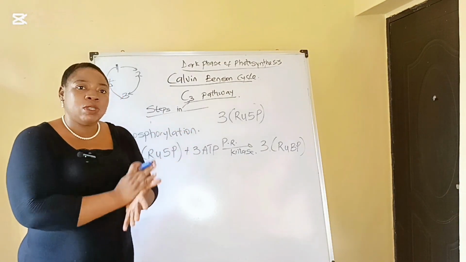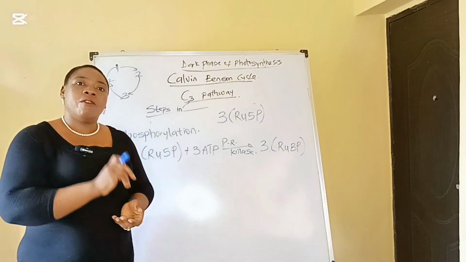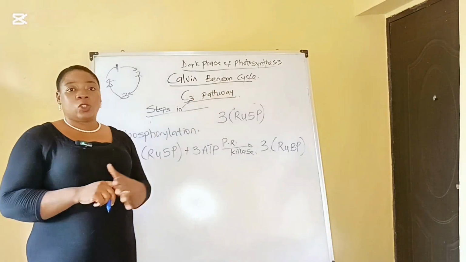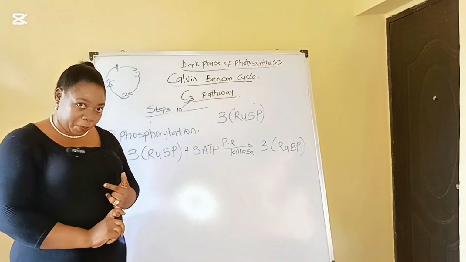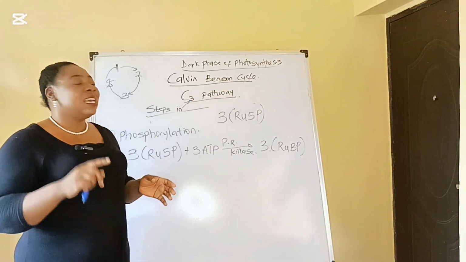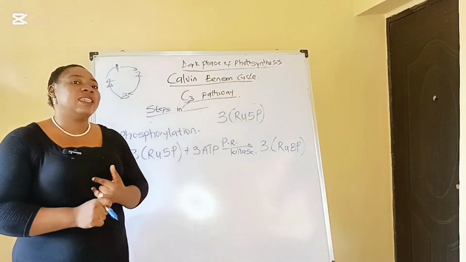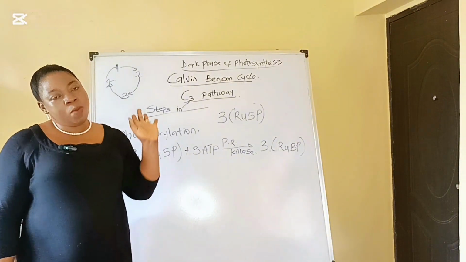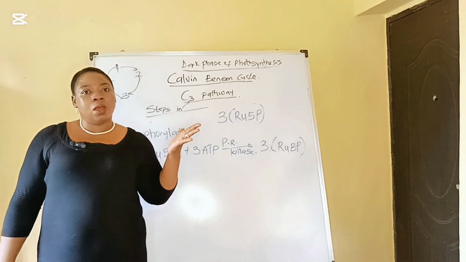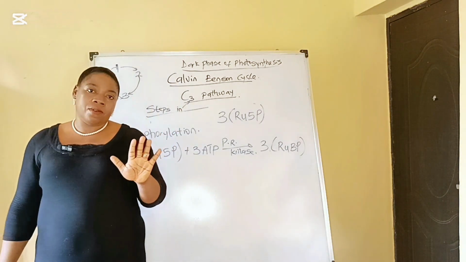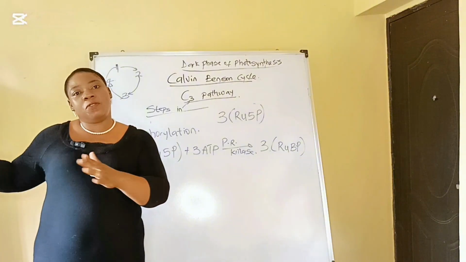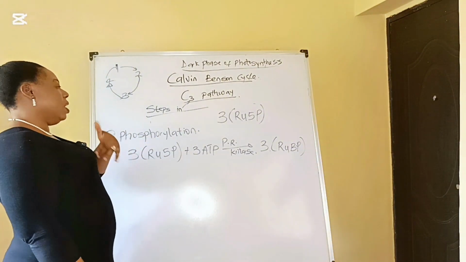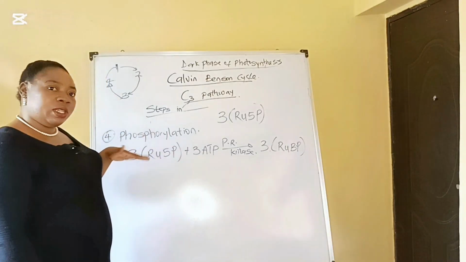But there are some key notes from this cycle. First, in the second step of this pathway, which is the reduction step, we were able to get 6 molecules of glyceraldehyde 3-phosphate, and we said one of them moves out of the cycle, leaving us with 5 molecules of glyceraldehyde 3-phosphate. The 5 molecules is what we start our third step with.